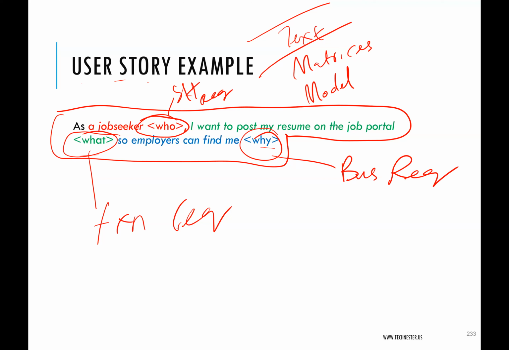What, the functional requirement, and why, the business requirement. Who can remind me of the different types of requirements I said we have? Please unmute and remind me of the different types of requirement we have.